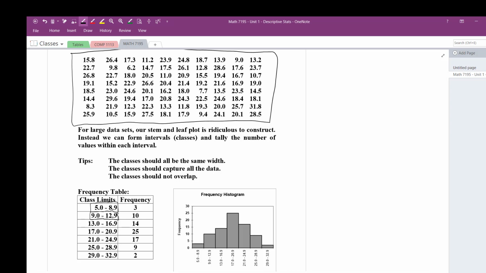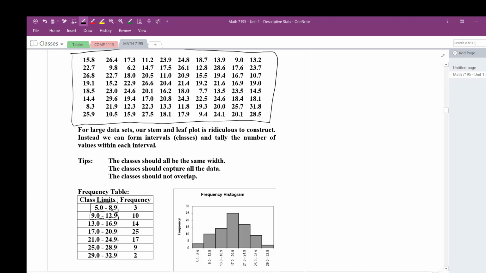A way to come up with this might be to find the maximum value in your list and the minimum value in your list, find the difference between them, and then divide it by 8 or 7 or 10 until you get a width that you like, and that will give you the number of classes that you'll end up with as well.